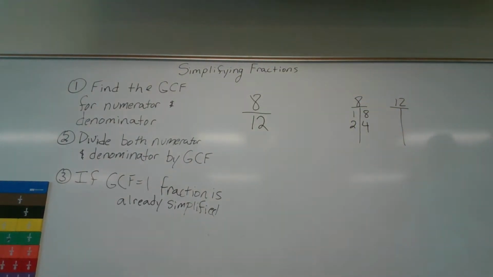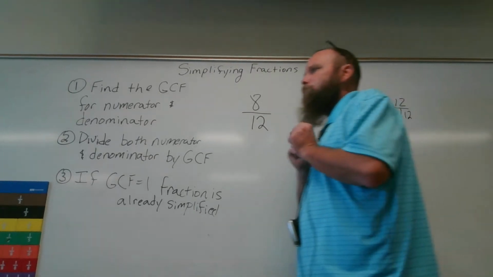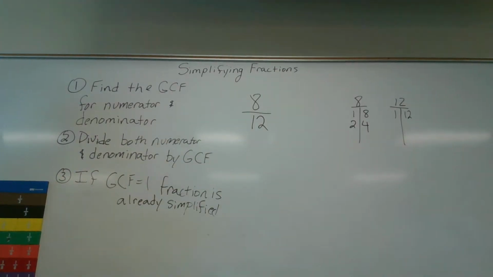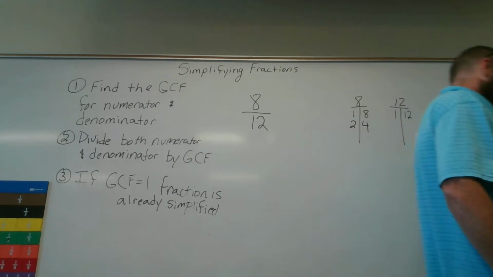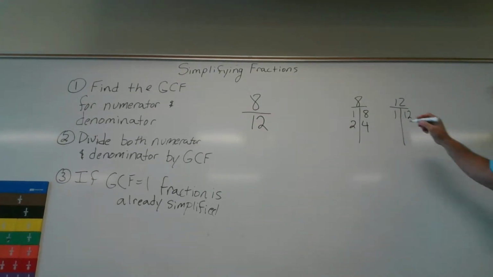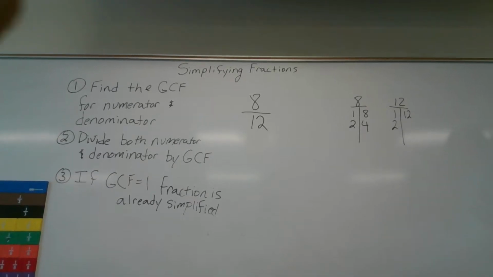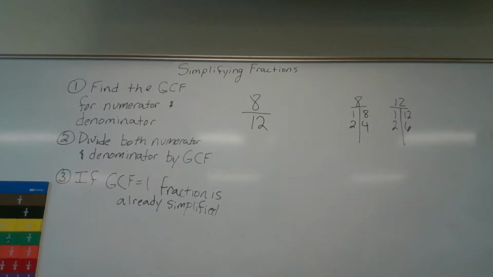The factors for 12, now we already know we start with 1 and 12. Let's ask Kristen, sorry. Is 2 a factor of 12? Yes, because 12 is an even number. So how many times does 2 go into 12? 6.